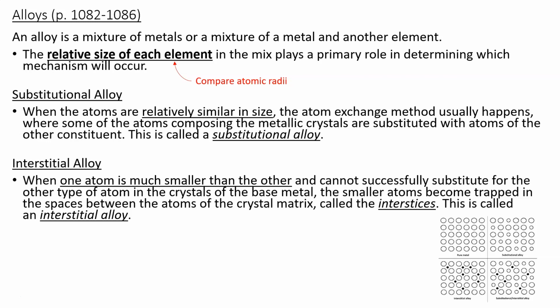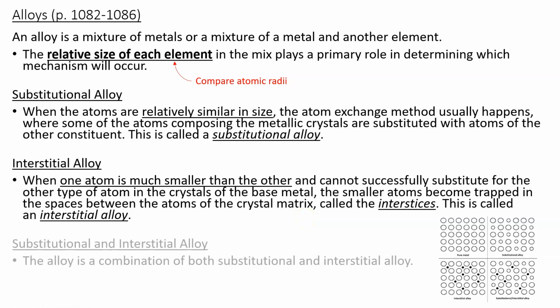This is called an interstitial alloy. So this example on the bottom left is an interstitial alloy. We've got a much smaller element that is being mixed in with another element with much larger atoms. The best place for those atoms to fit is between the other atoms in those gaps or spaces we call interstices.